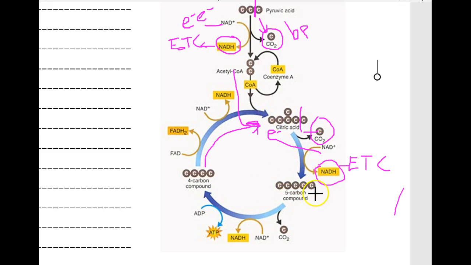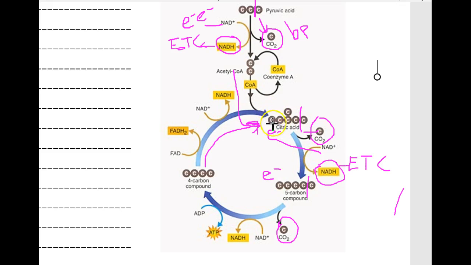So here is that 5-carbon compound. And guess what? It's going to continue to break down. And we're going to lose that carbon along with oxygen as carbon dioxide, our byproduct, and that's going to be released from the cell. And again, we're going to get more electrons that are going to be released.